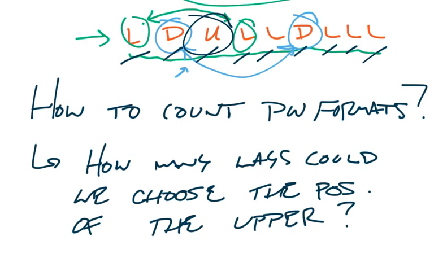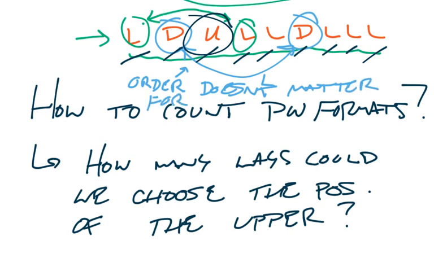So what this is saying is that order doesn't matter for the individual character types. Of course, once you start choosing actual characters to fill in those positions, it will matter.